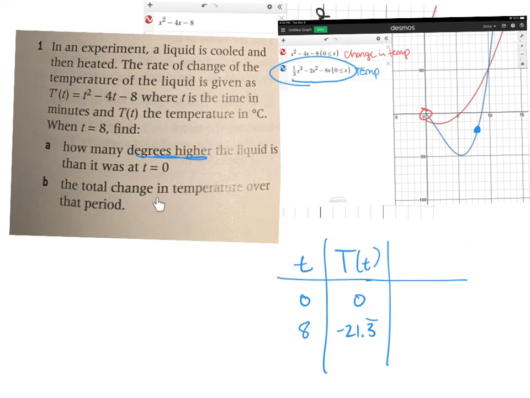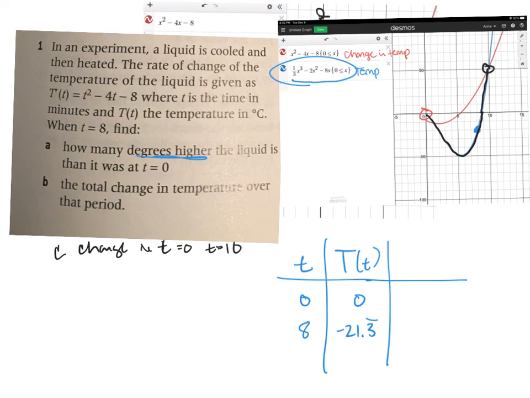And then the total change in temperature, in this case, man, this book is just dreadful. In this case, we didn't actually have it. But let's say that we said 10, because that's really what I wanted here. Let's say the change between t equals 0 and t equals 10. Because then you'd want all of that plus that, right?